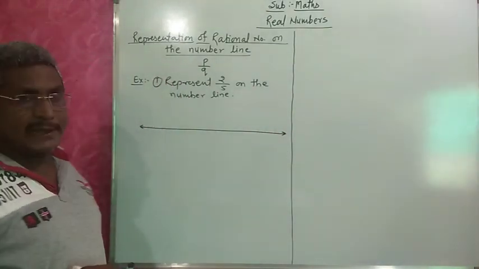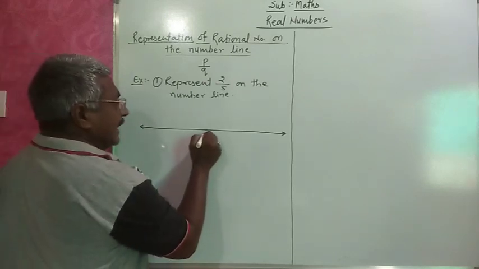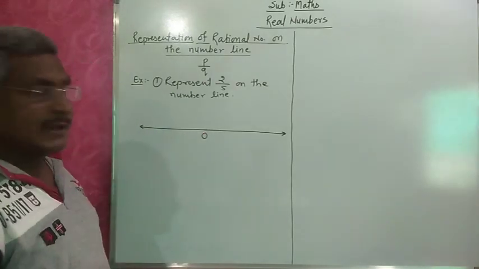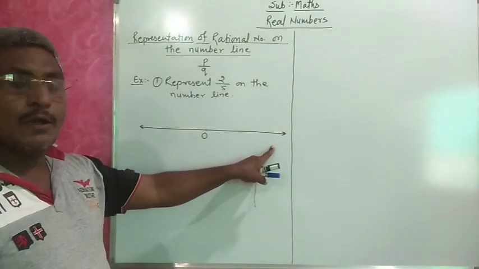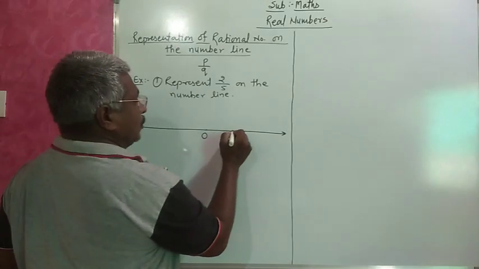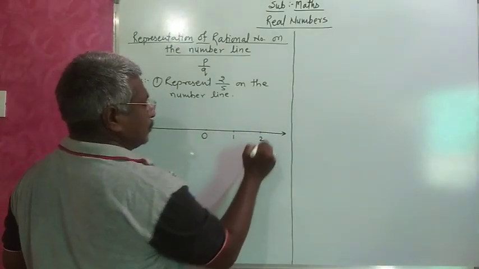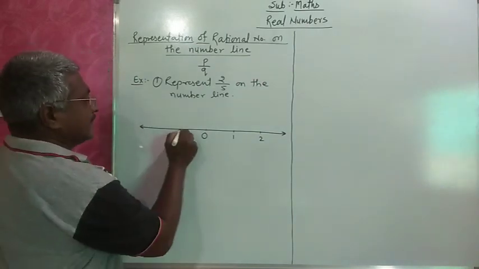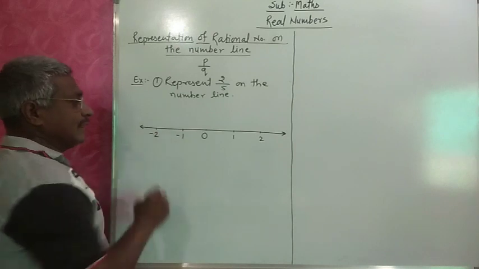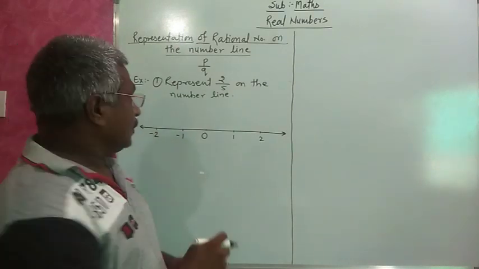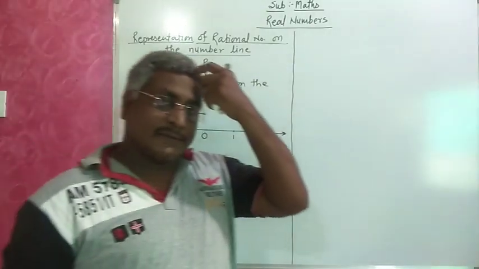On the number line, at the center 0 is there, and on the right side of 0 there are positive numbers, 1, 2, and on the left side negative integers, -1, -2.